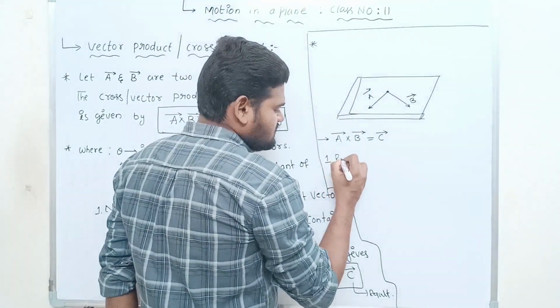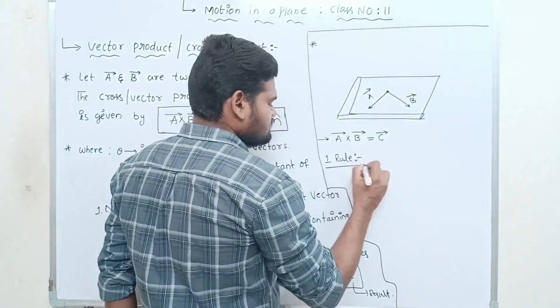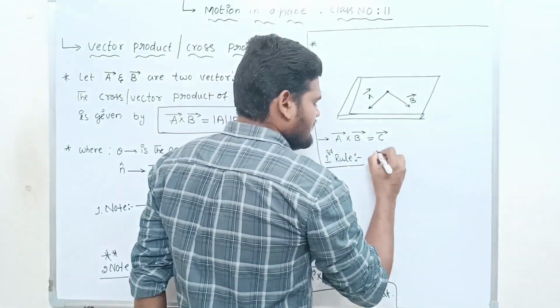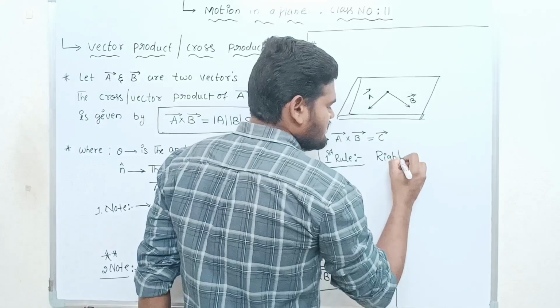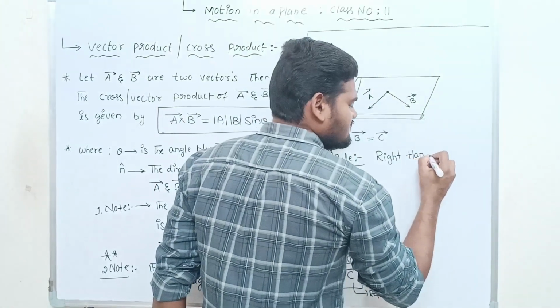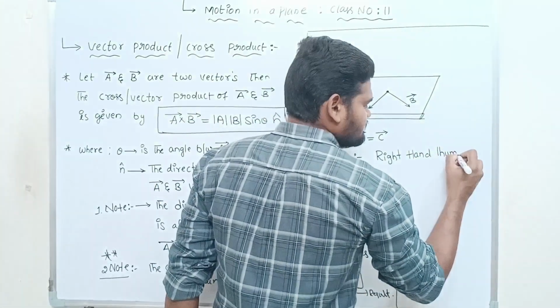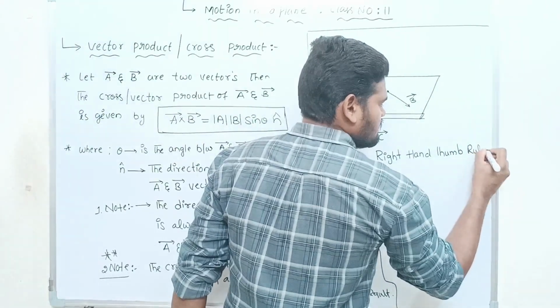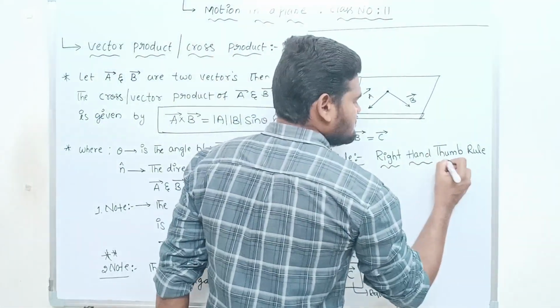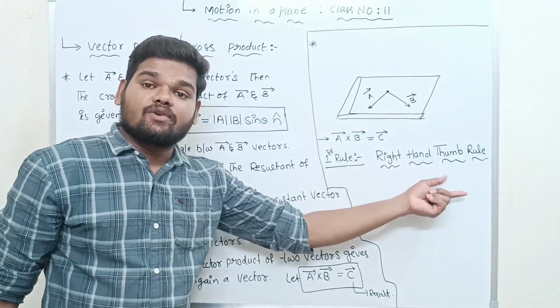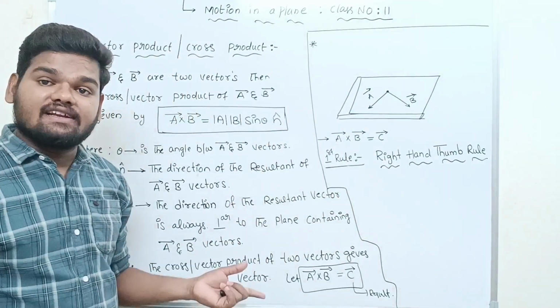The first rule is the right hand thumb rule. It is so important. Have a look at the meaning of the right hand thumb rule, and how it gives the direction of the resultant vector.